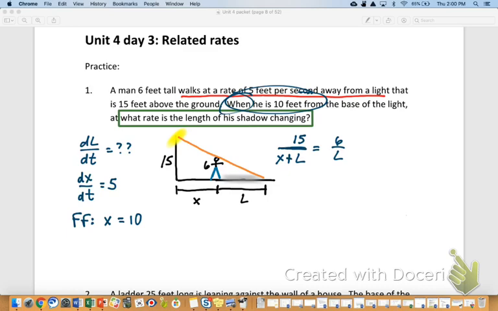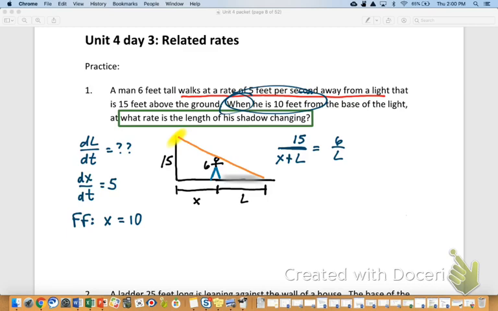Did you guys pick up on the idea that the big triangle and the little triangle are similar? And so Carson's idea of ratios and proportions is actually right on the money here. Okay, so again, to use the terminology I use in my video, do you all see how I've picked out my movie? Yes? There's my movie. It's the 15 over X plus L equals 6 over L movie.